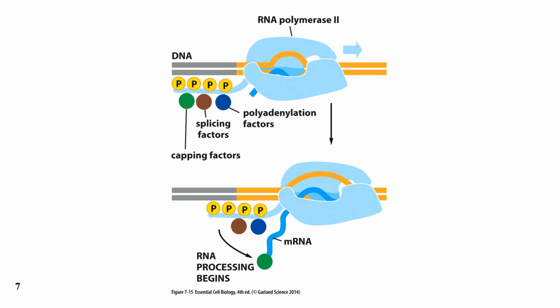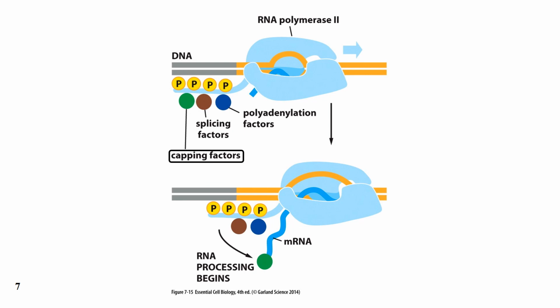While the previous image showed you the cleavage and polyadenylation factors being bound to the tail of the RNA polymerase, those aren't the only enzymes that are bound to the tail. This diagram shows you that the capping factors are also attached to that tail.